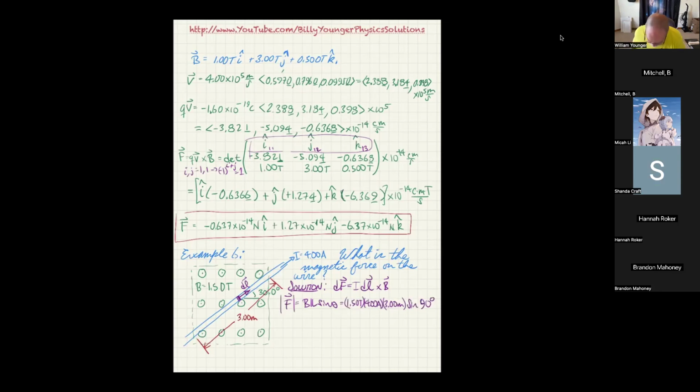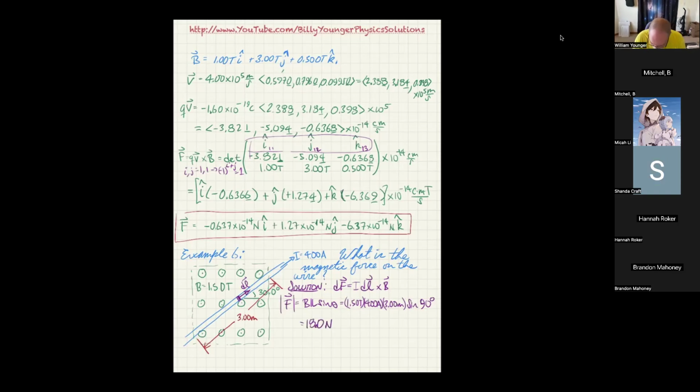Anybody have any questions about why the theta is 90 degrees? Looks like everybody's okay with it. Okay. And of course the sine of 90 is 1. So I'm going to get 18.0 newtons is the force on that wire.